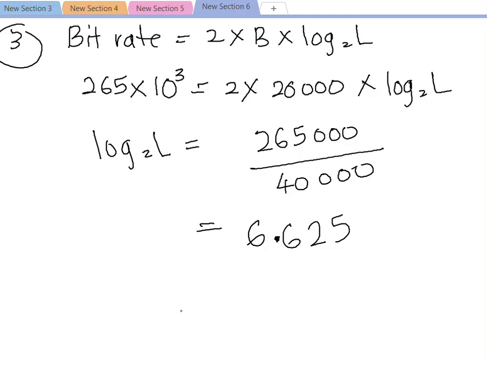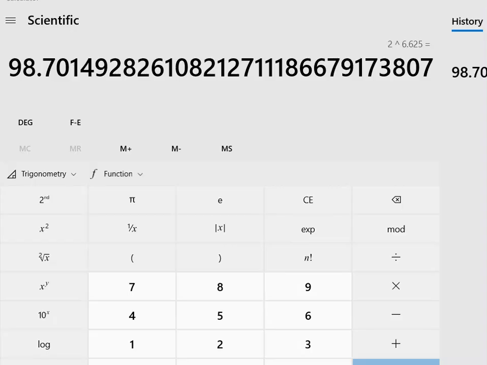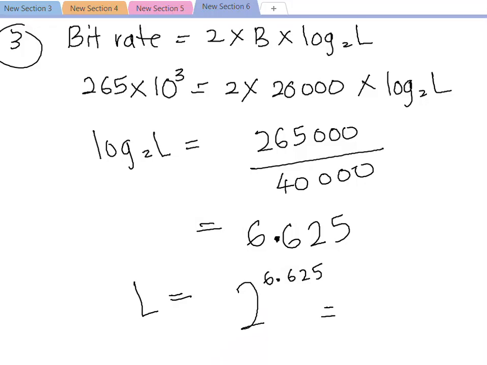Okay, so how to get L? 6.625 equal to log 2 L. So L equal to 2 to the power of 6.625. Okay, so the answer is 98.7. So just write it as 99.